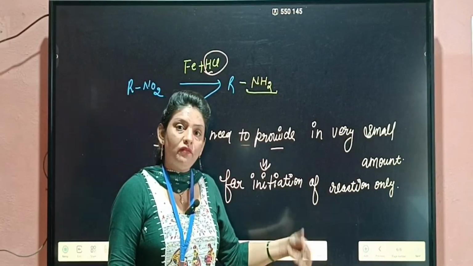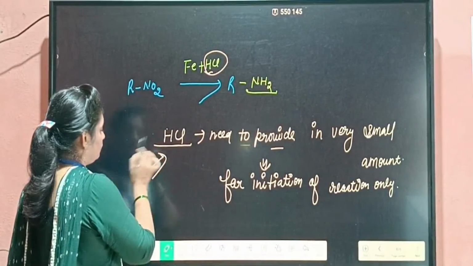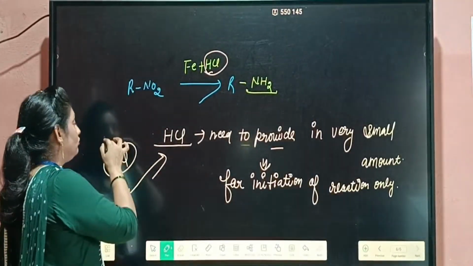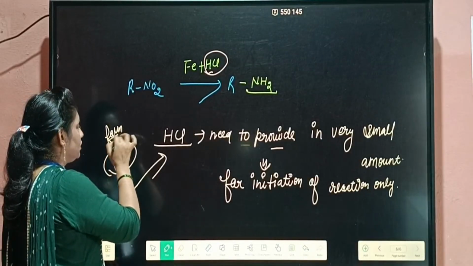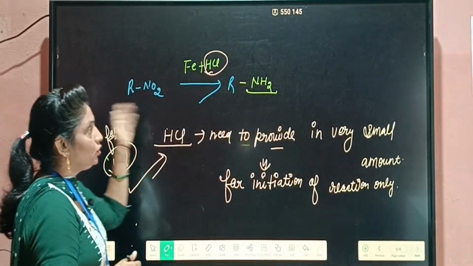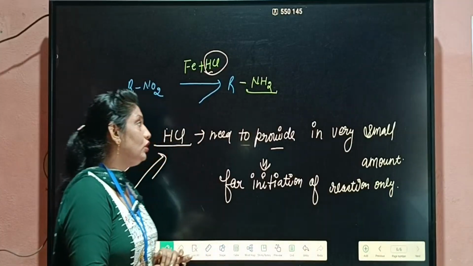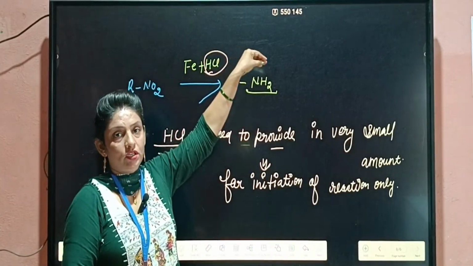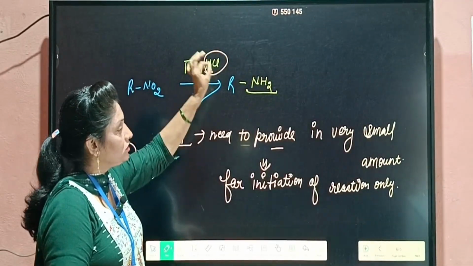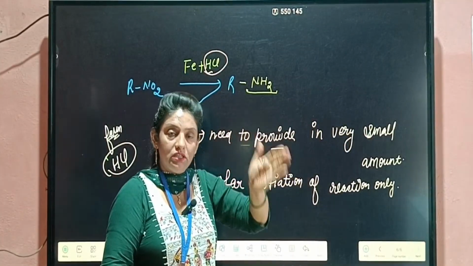After that, in the reaction mixture, we get HCl. HCl also forms in the reaction mixture during the reaction, again and again, and that HCl can be used, so the reaction will be continued. Clear or not? In case of the other reagents, we need to provide HCl in large amount, but in case of this reagent, we need it only for initiation of the reaction.